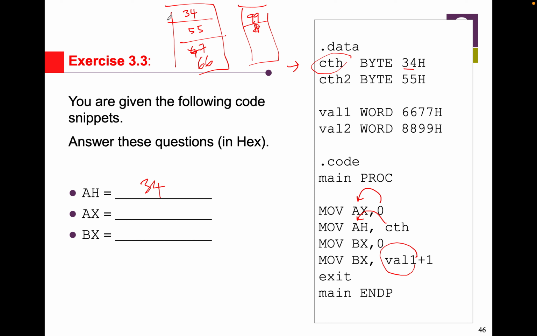This one first is CTH, this is your CTH2, and this is val 1, and this is val 2. So you can see it said val 1 plus 1. So you have val 1 starting here, and it said plus 1, so it's going to move here. So this is the answer. BX is 66.